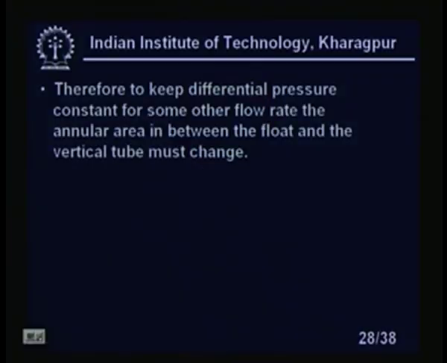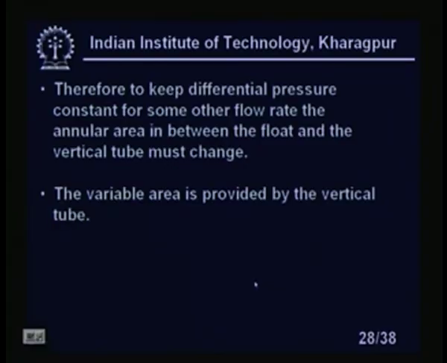So, since the differential pressure must stay constant, obviously the annular area must change. That means the float must move up and down, right. Therefore, to keep the differential pressure constant for some other flow rate, the annular area between the float and the vertical tube must change. As the flow increases, to keep the drag force constant, the flow area must change.